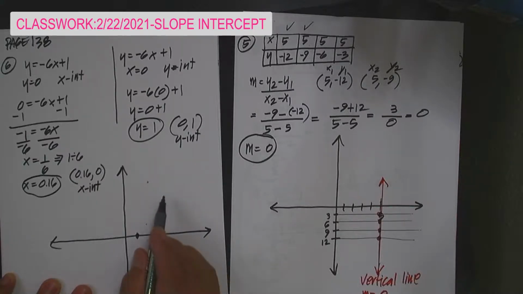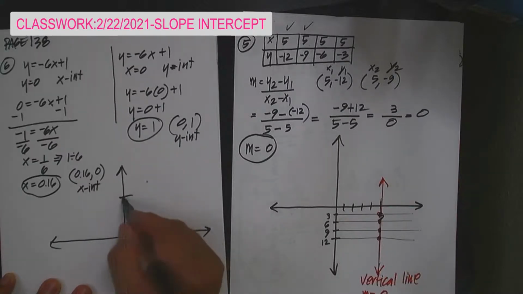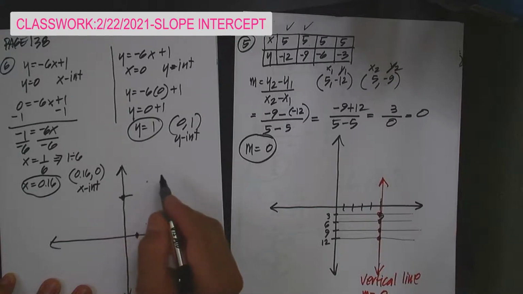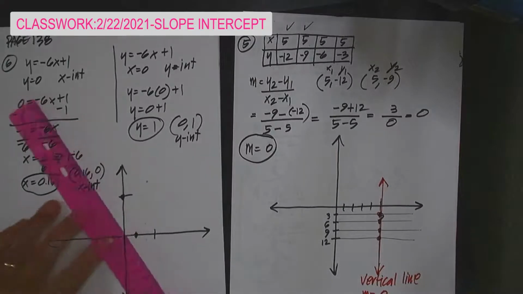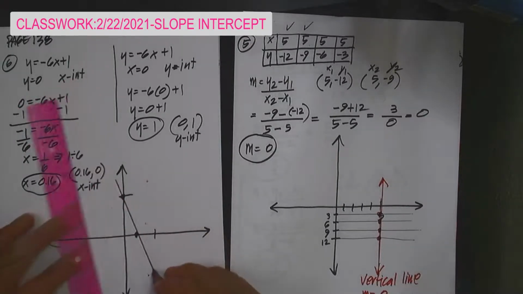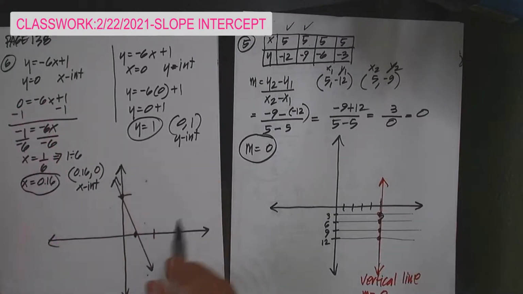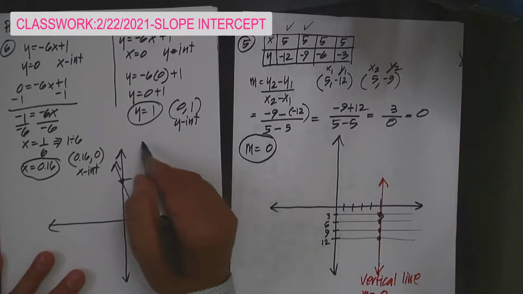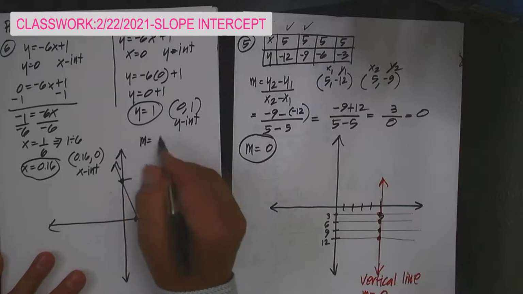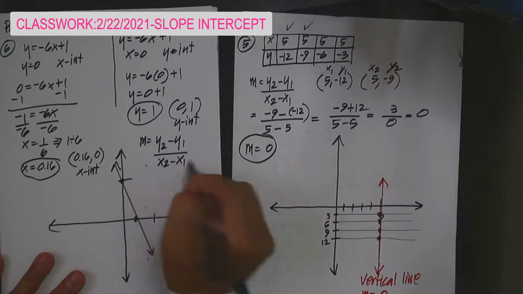And then the other one is 1 right there. Now, in order for us to find the slope of this one, we're going to apply m is equal to y sub 2 minus y sub 1 over x sub 2 minus x sub 1.